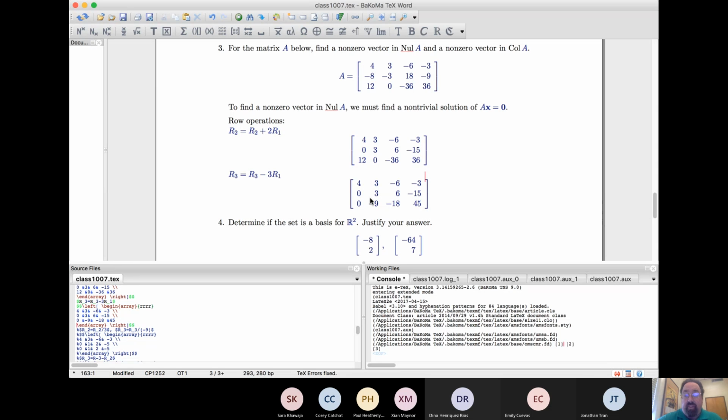Now, notice that if I take this row and multiply it by -3, then I will get this row. So when I perform the next row operation, I'm going to have a row of zeros here.